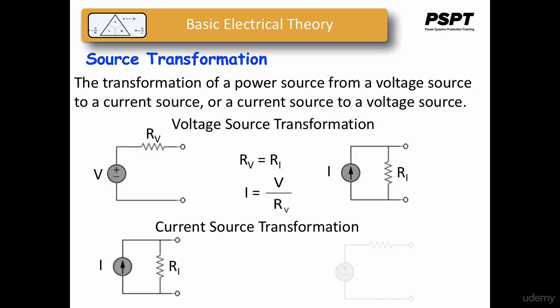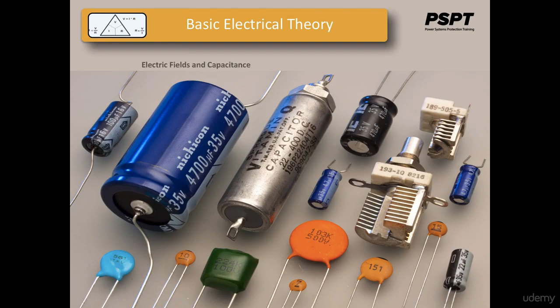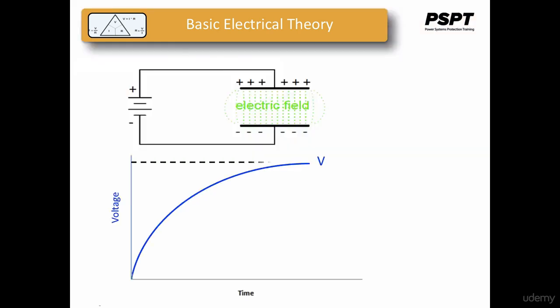This then gives us the wherewithal to be able to look at source transformation. That is, when we have a voltage source, how to convert it to a current source, and when we have a current source, how to convert it to a voltage source. Next, we move on to electrical fields and capacitance.